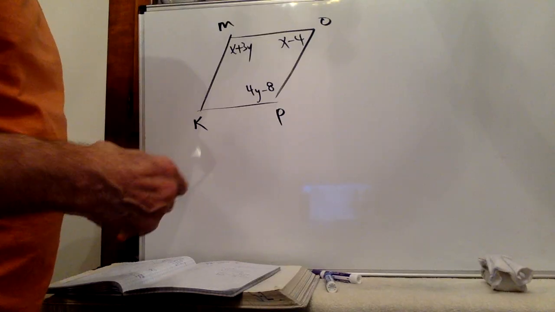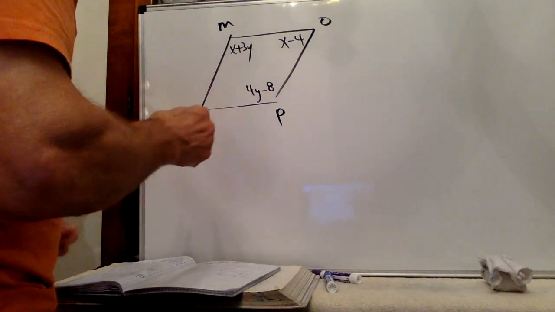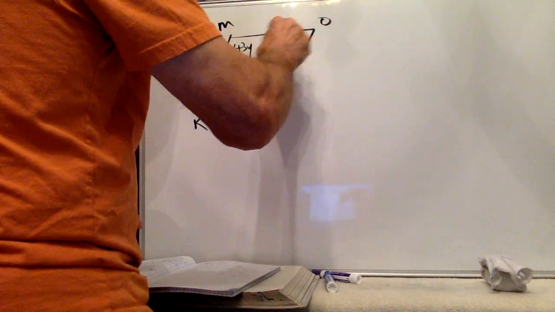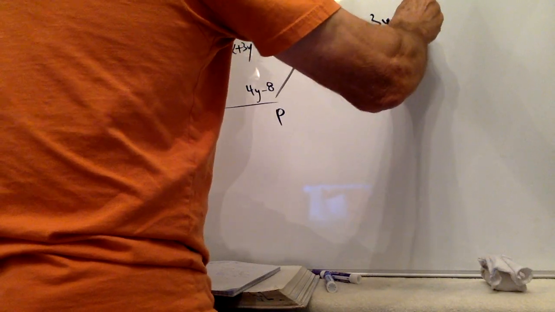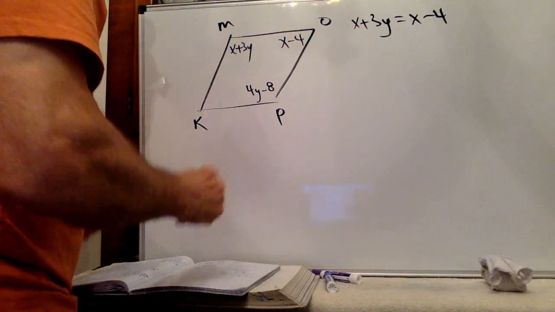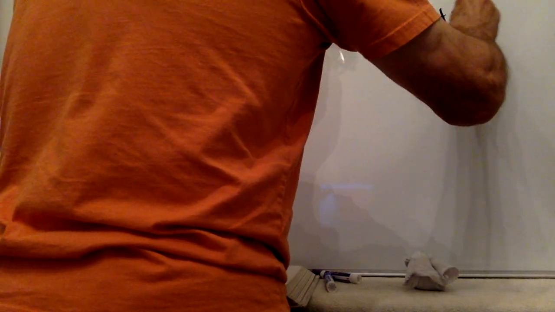So depending upon how you wanted to do it, you could have simply done the following. I'm going to use these two. I know that x plus 3y is equal to x minus 4. And I chose that because plus x minus 4 equals 180.